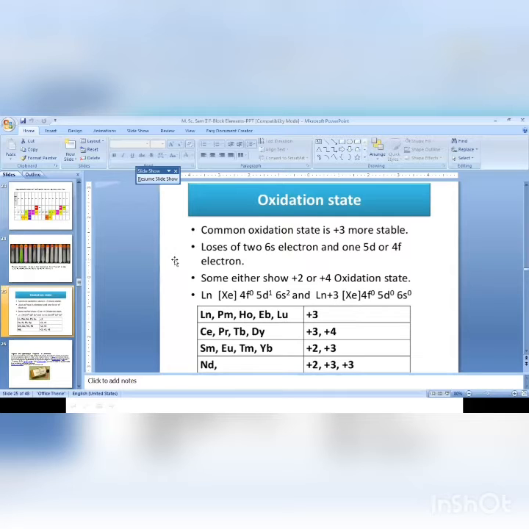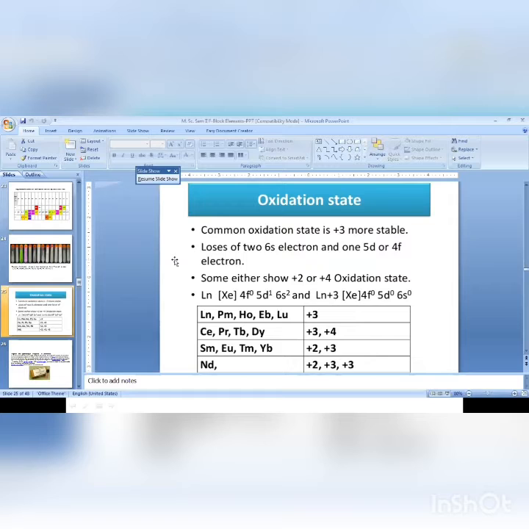The variable oxidation states shown by these elements are shown here. Here, the +3 oxidation state is the common, major or principal oxidation state because the elements are situated in group 3B of the periodic table, and as we know, the group valency is always attributed to these elements. So +3 is the principal oxidation state exhibited by these elements.